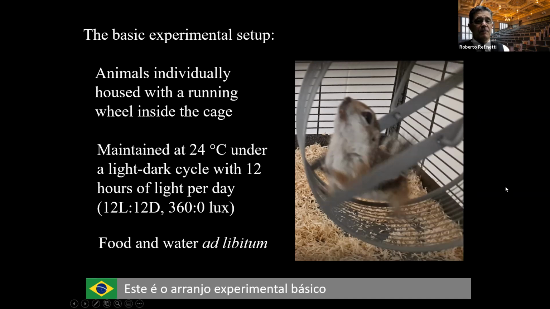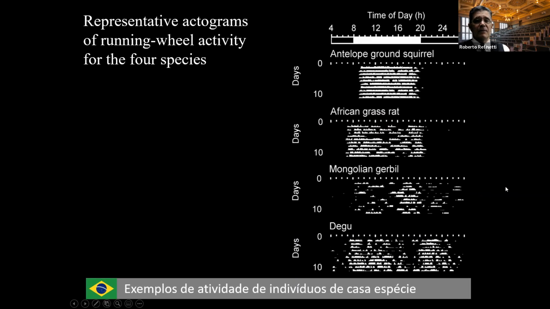Let's see first some representative actograms of running wheel activity for the 4 species. As you can see here, the antelope ground squirrel, very nice. So this is an actogram. I assume everybody knows what an actogram is. You have 1 day per line, each day under the other.